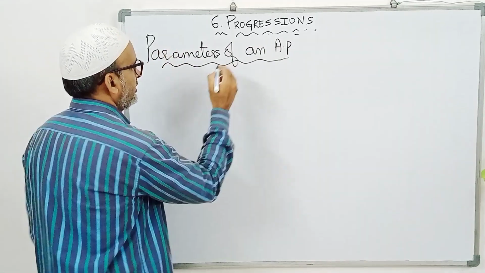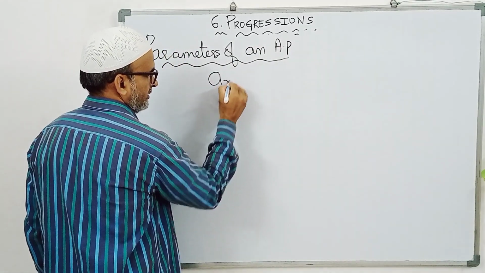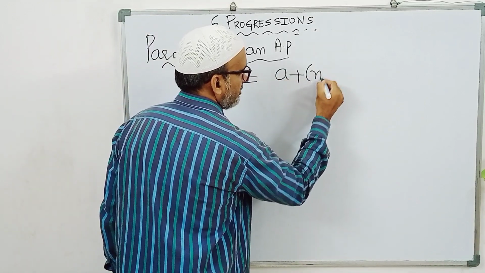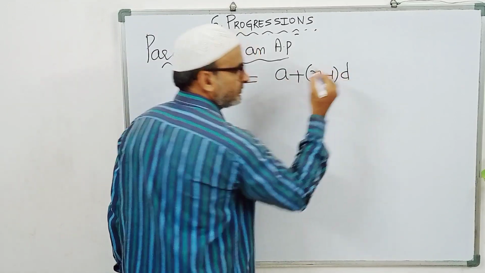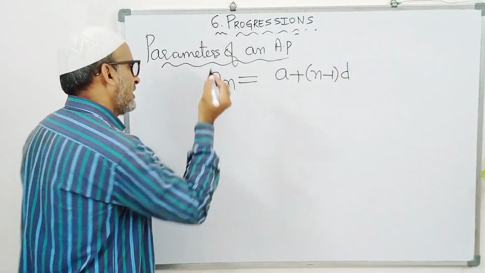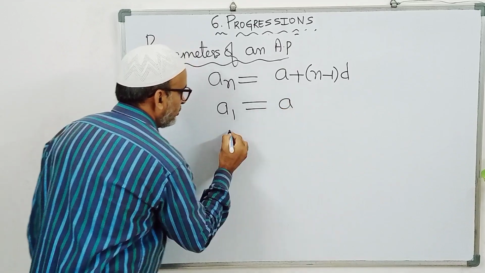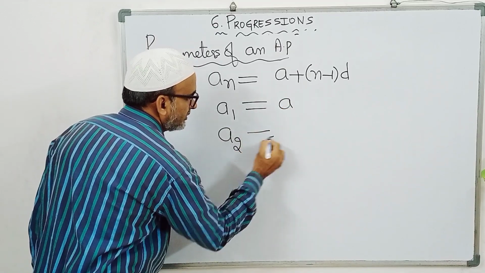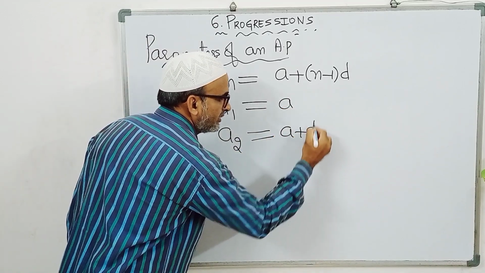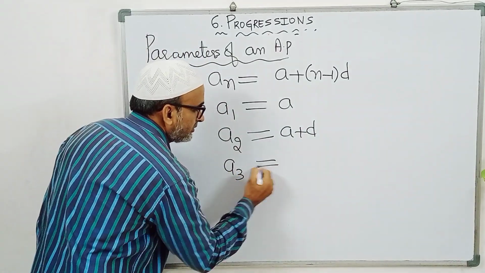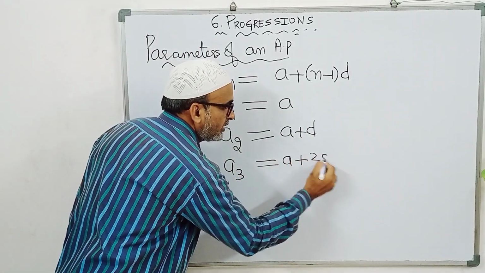Generally you see An is equal to A plus (n minus 1) into D. A1 is equal to A. A2 is equal to A plus D. A3 is equal to A plus 2D.